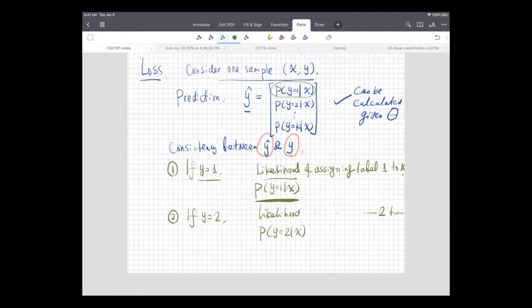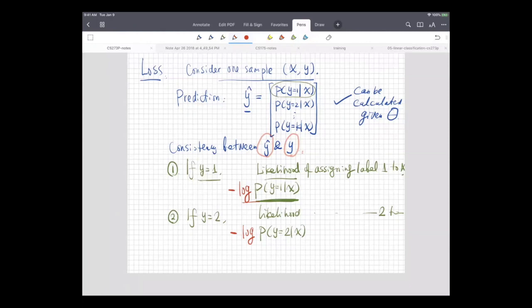Following similar logic to last time, first of all we take the log of this likelihood function, which doesn't change the direction: the higher the log likelihood, the better. Then we convert that into a loss function. For the purpose of constructing the loss function, I take a negative sign in front of it. Now, because of the negative sign, I want this negative log likelihood to be the lower the better.